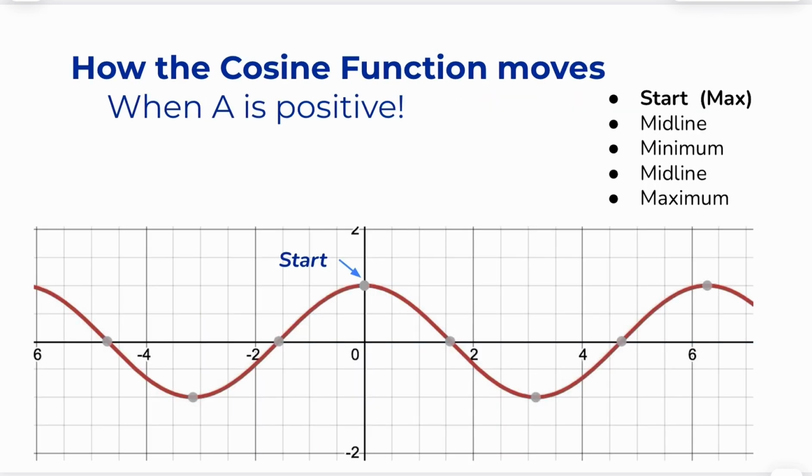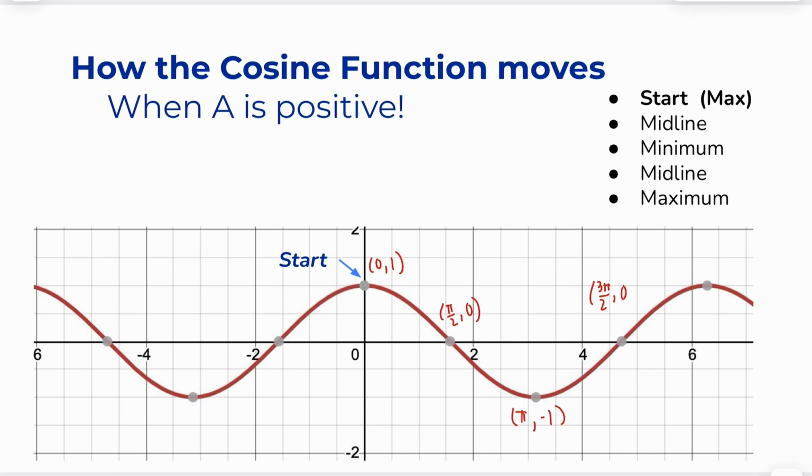The cosine function looks like this when A is positive. Starts at 0, 1 because the cosine of 0 is 1. The cosine of pi over 2 is 0. The cosine of pi is negative 1.